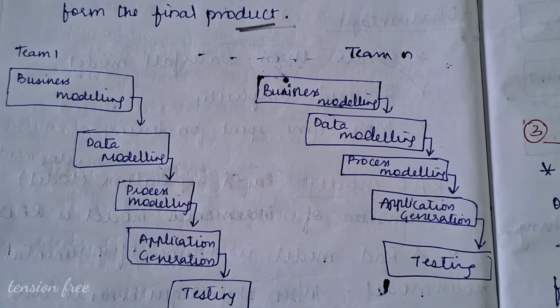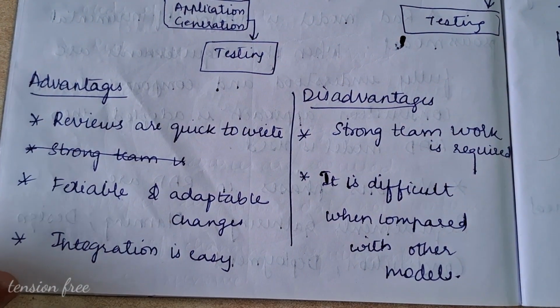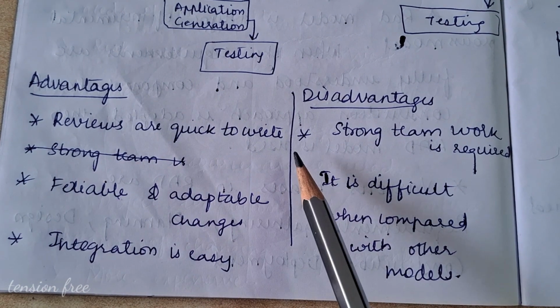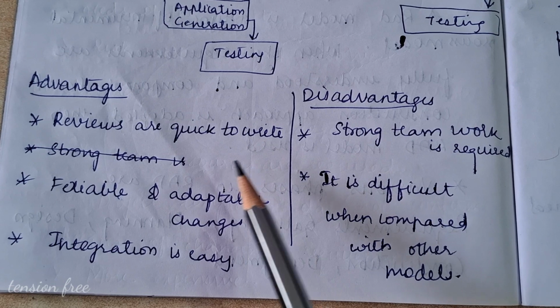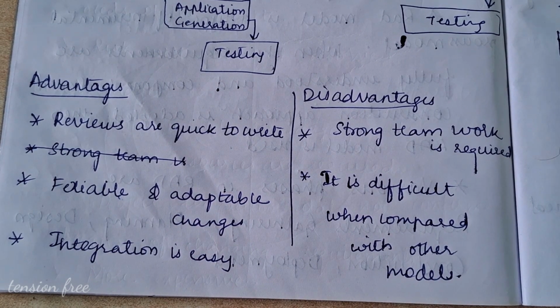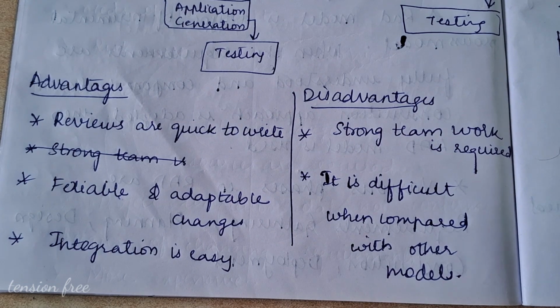We have seen the definition and the diagrammatic representation. Let's look into the advantages and disadvantages of the RAD model. Reviews are quick to write, because the modules are divided into smaller ones and each module provides an output, so the developer can write the review very quickly.